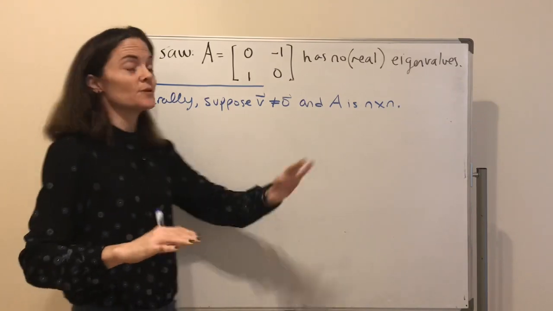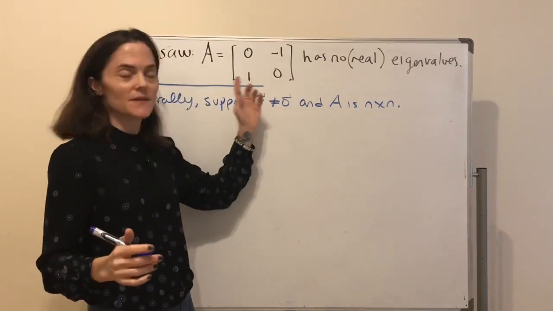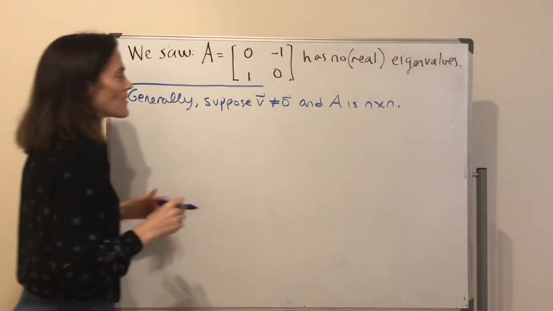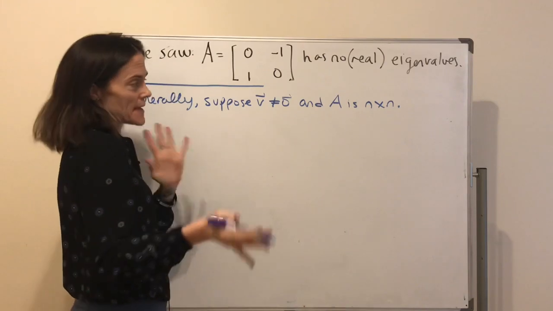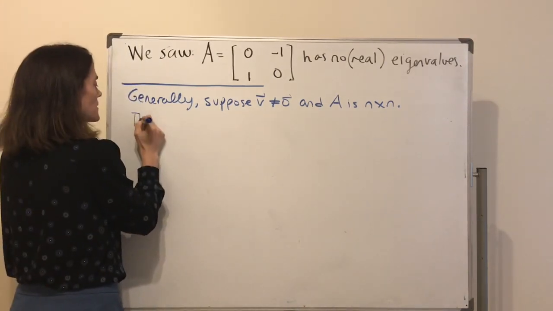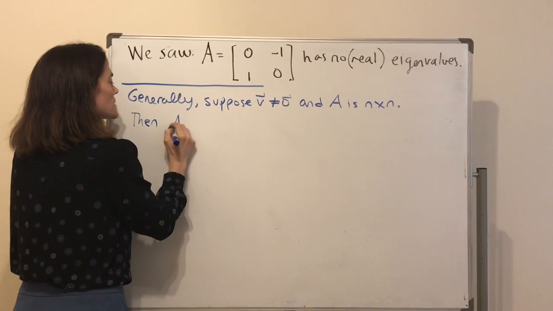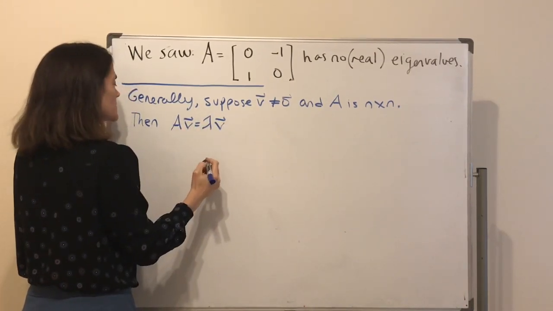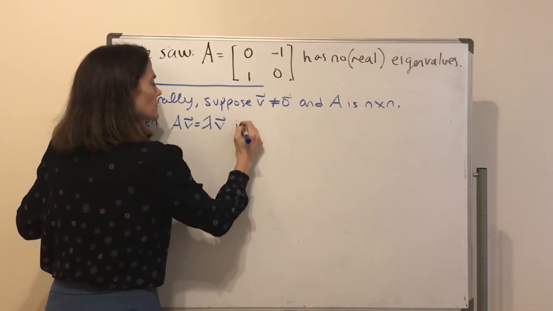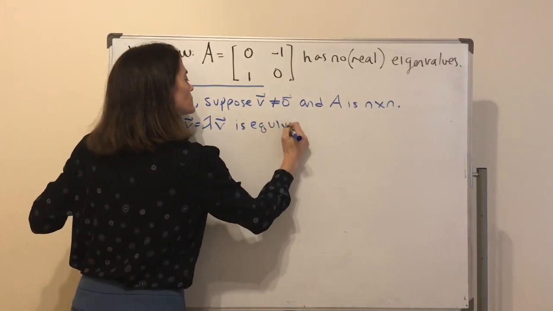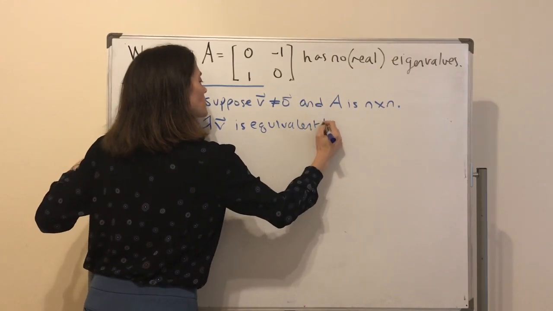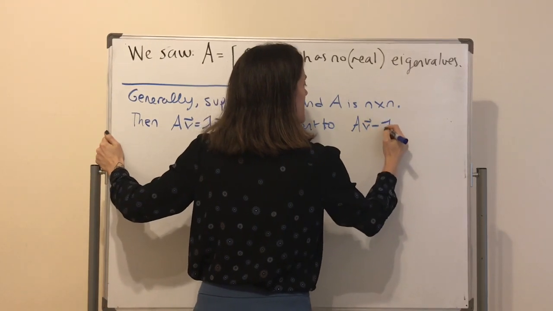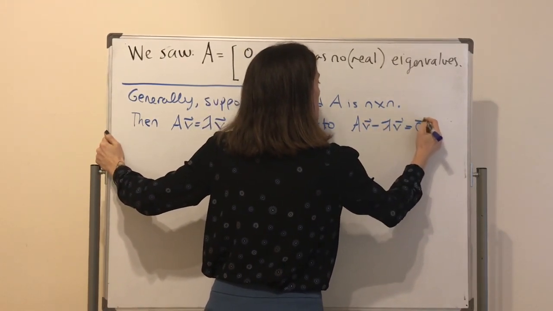Suppose, now in blue, this is general, n by n, not specific to this matrix, but I will come back to this. Suppose we have some non-zero vector in Rn, and we have an n by n matrix. Then the equation AV equals lambda V is equivalent to, just subtract, AV minus lambda V equals 0.